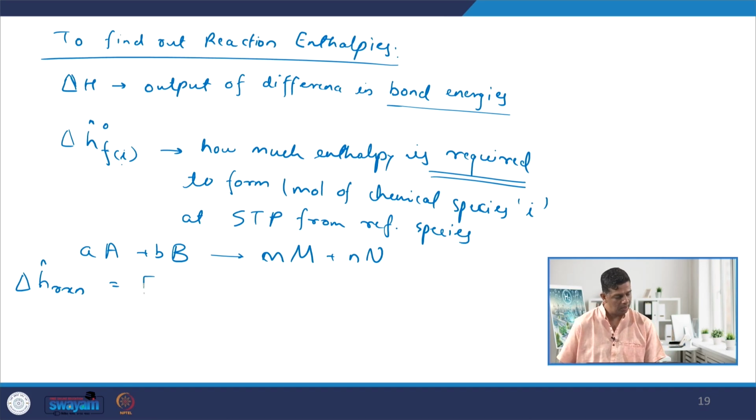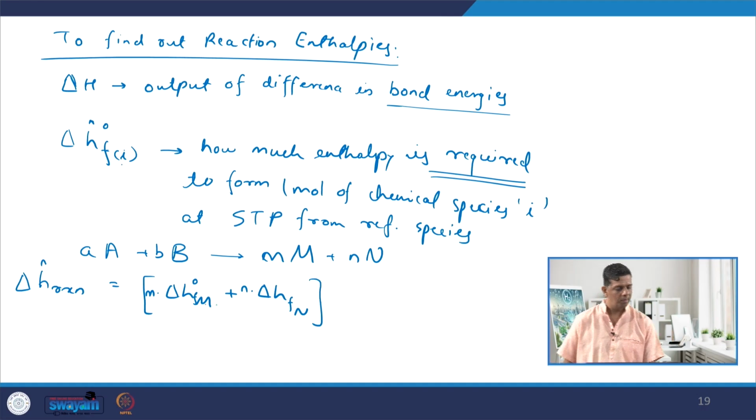So, we have to find out the enthalpy of formations, that is delta H naught, species M, and it is as M moles, so we have to multiply M moles here, plus similarly we will go ahead with the enthalpy of formation of species N, and it again has got N moles here, so I am multiplying N moles.